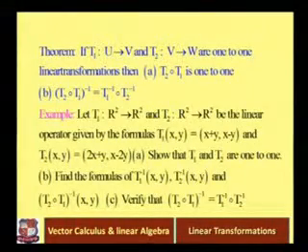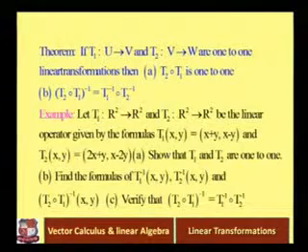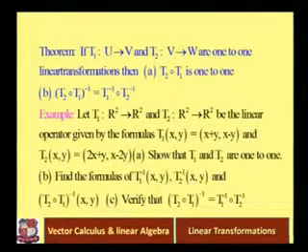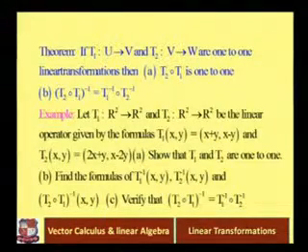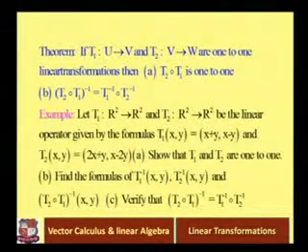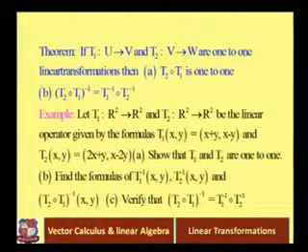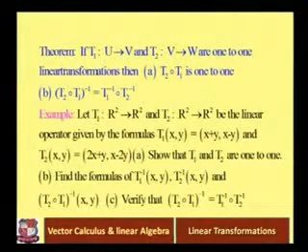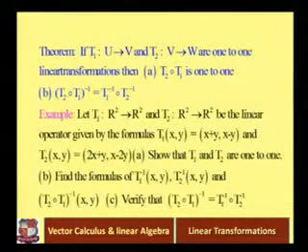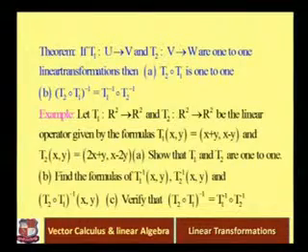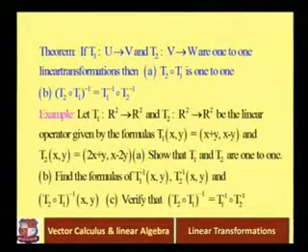First we have to prove that T1 and T2 both are 1-1. For that we use the standard matrix for these two transformations. Second, find the formulas of T1 inverse of (x,y) and T2 inverse of (x,y). And third, we have to verify the above theorem, that the inverse of the composition of T2 with T1 is equal to the composition of the inverse of T1 with the inverse of T2.